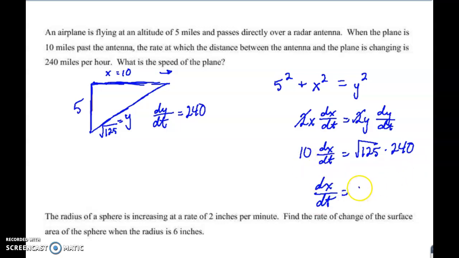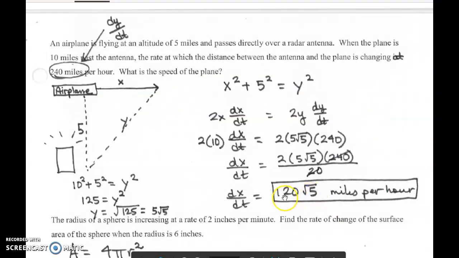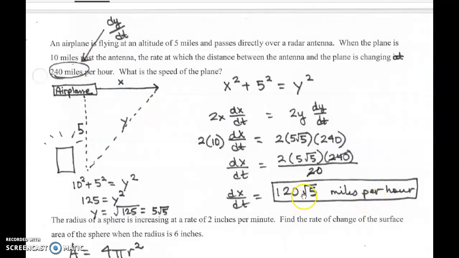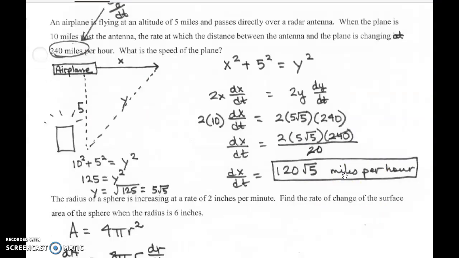Divide the 10 over and write it as 24 root 125 miles per hour. Yeah, I would not do it that way, but is that the same answer? 24, because you can factor out a 5. 24 times 5 is 120 root 5. Something like that.